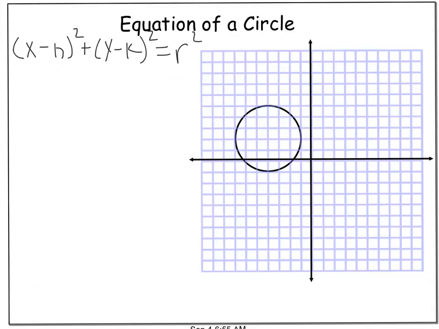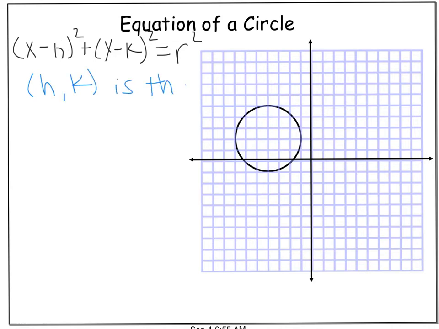Here's the equation of a circle. Okay, again, it's one of those Chapter 1 learning targets where we're just kind of hopping around, right? Again, the theme today is all things graphs. All right, the equation of a circle looks like that.